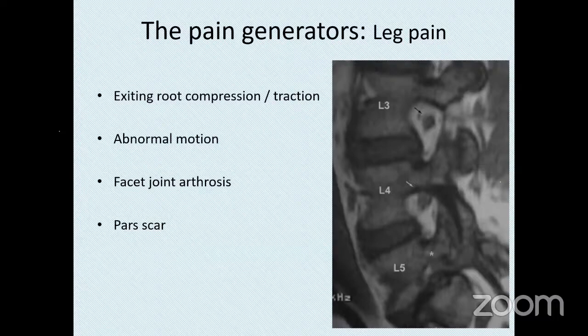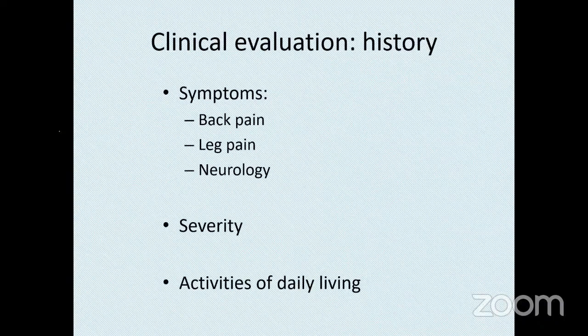But at L5-S1 level, the fat pad is obliterated. There is significant narrowing of the foramen, and that's where the nerve root is getting compressed. So this mechanical compression, plus abnormal mobility, the facet arthrosis, these lead to leg symptoms.